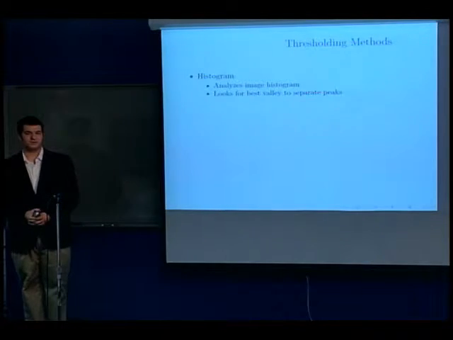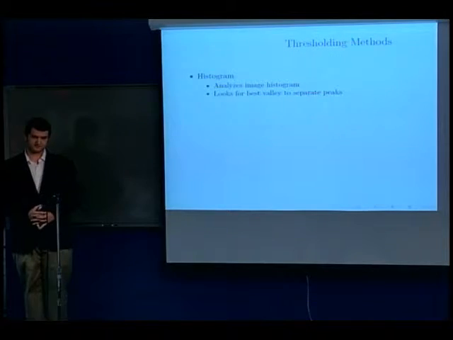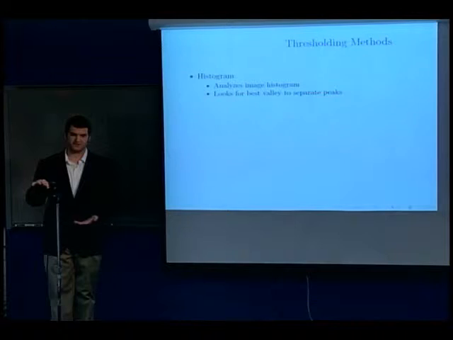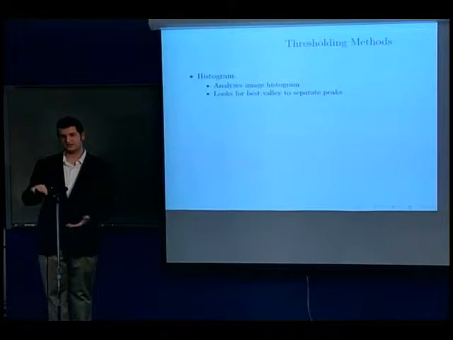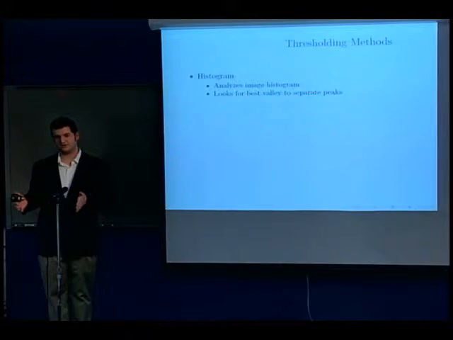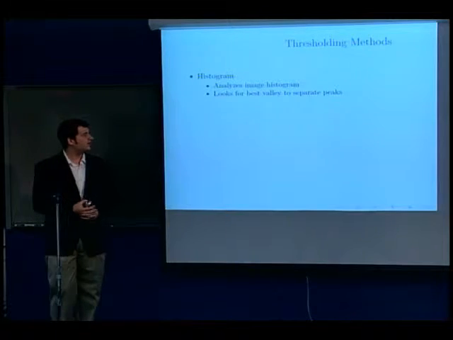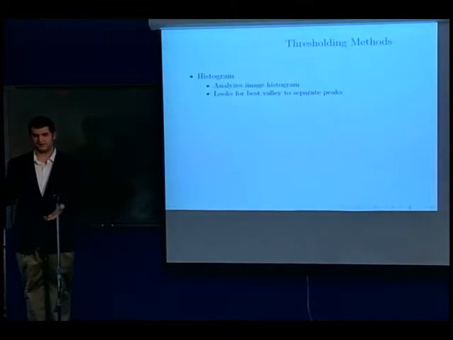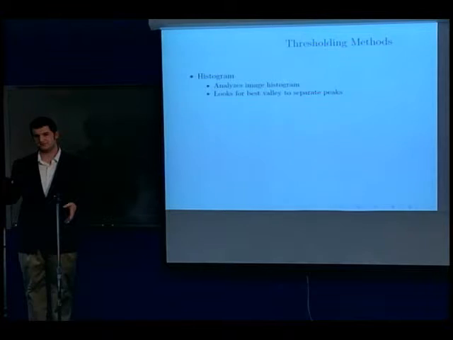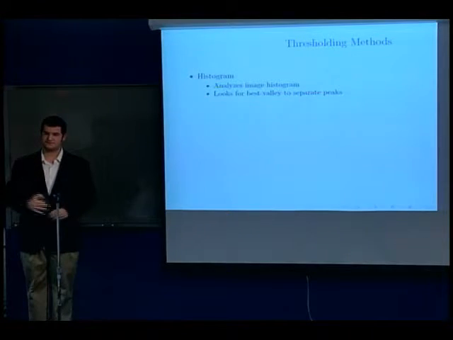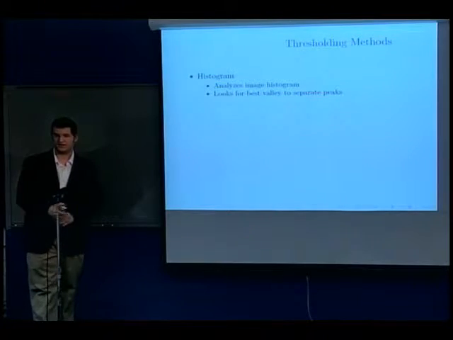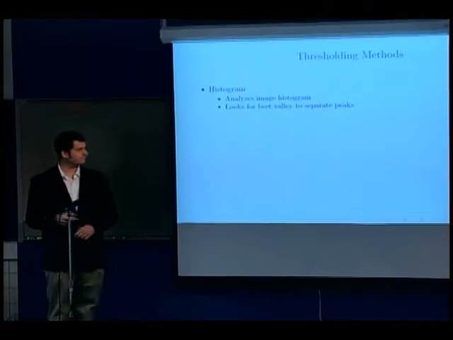One of the methods we use is histogram analysis. This uses a histogram of the image, which is a measure of how many pixels are at a certain gray level. It will take multimodal histograms, which means there are distinct peaks for different gray levels, and find balances between them.